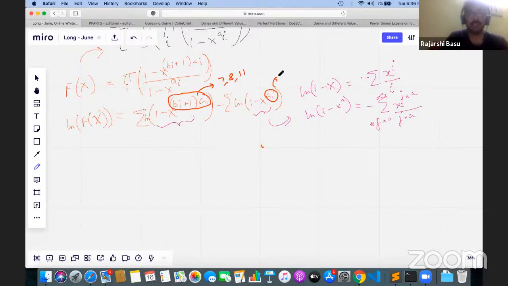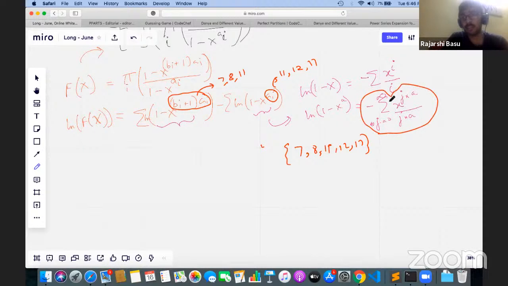Here, let's say the values are 11, 12, 17. Then you have a total set of 7, 8, 11, 12, 17, and you can figure out how many times each factor appears and have a frequency array like that. And then for every one of them, you compute this thing.